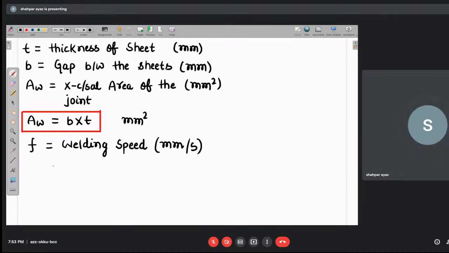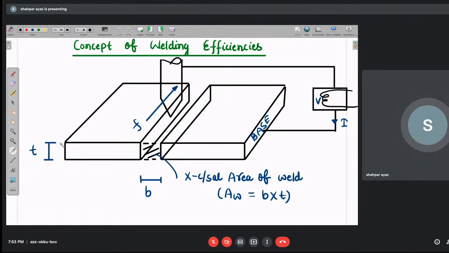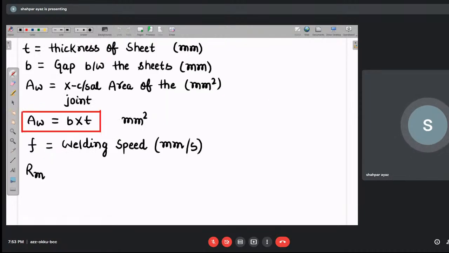One more term which I am going to define, RM. RM is your rate of melting, the rate at which volume of the material is melted per unit time. As the material gets melted, the same amount of material gets welded.